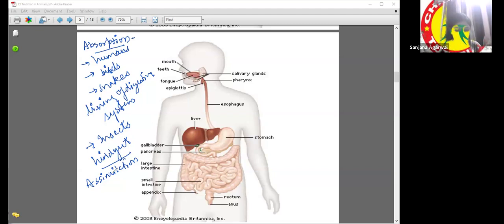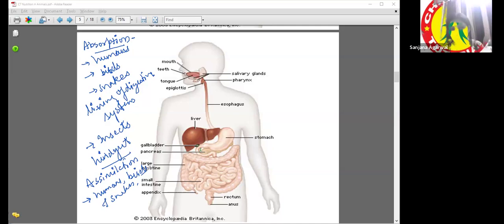In humans, birds, and snakes, assimilation takes place in various tissues and organs throughout the body.